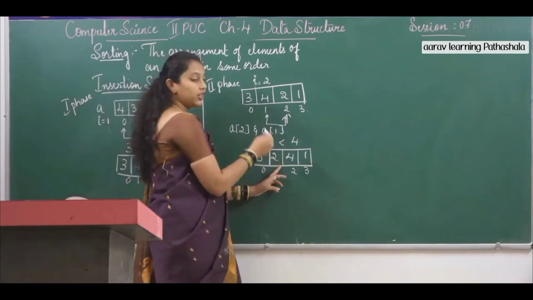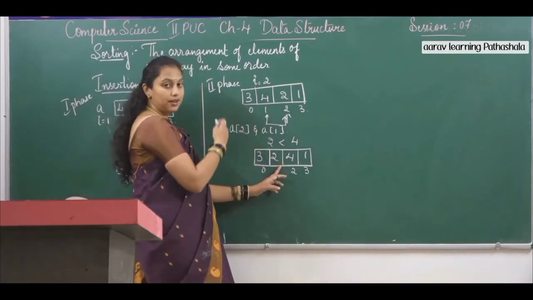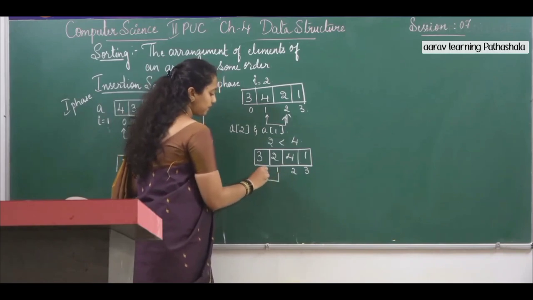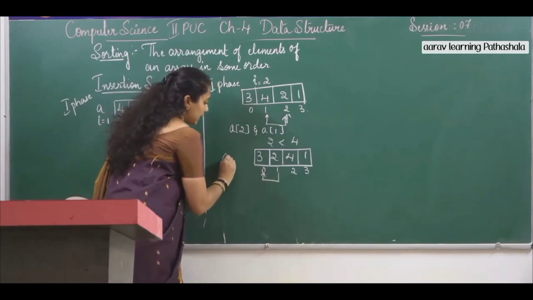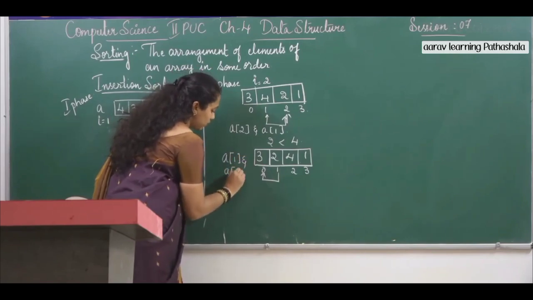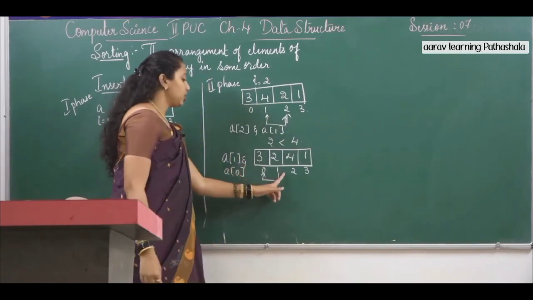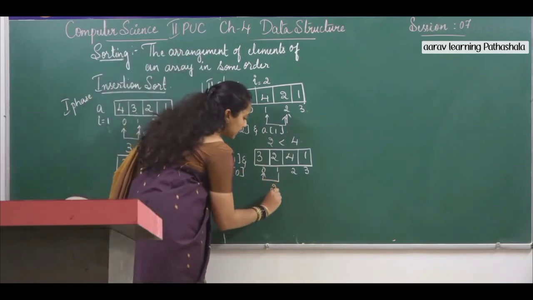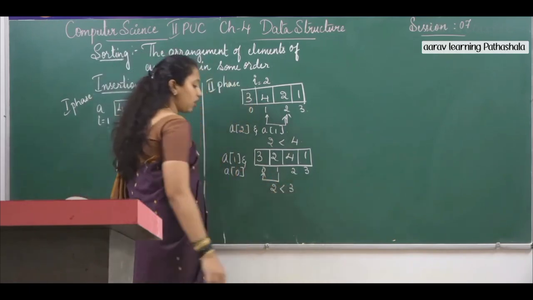As we have to compare with its left side elements, here also we are checking whether A of 1 is less than A of 0. So we are comparing the elements A of 1 and A of 0, that is, is 2 less than 3 or not.